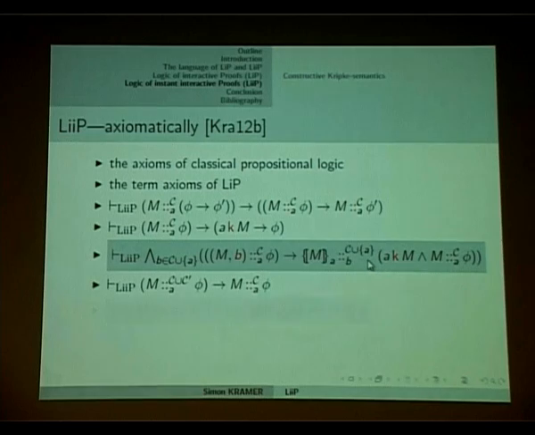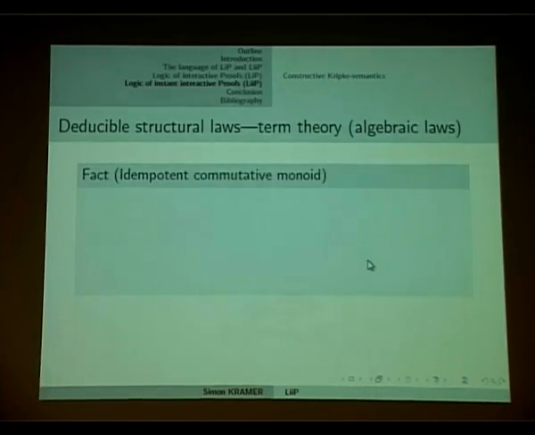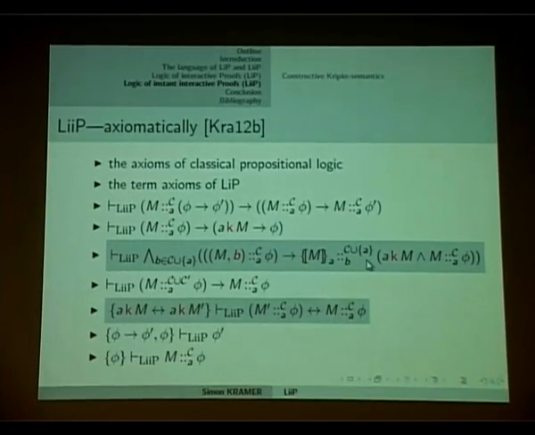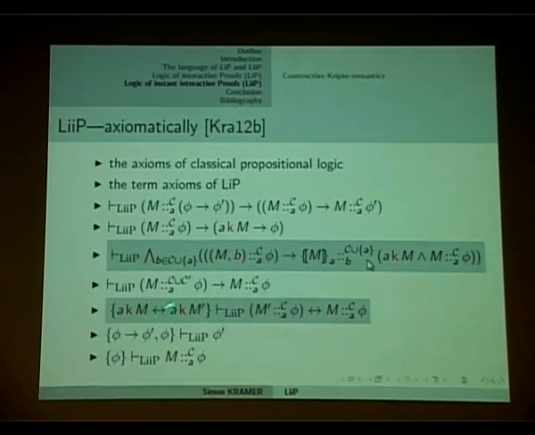Now, here is the difference between the existing logic and this non-monotonic variant, right? So the logic itself is monotonic, but the internalized notion of proof is non-monotonic. So the difference is here, see? Before we had an implication, right, from here to here, and now we only have an equivalence, and here also.